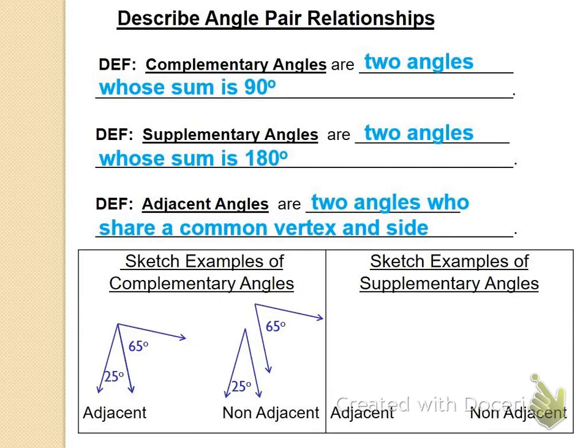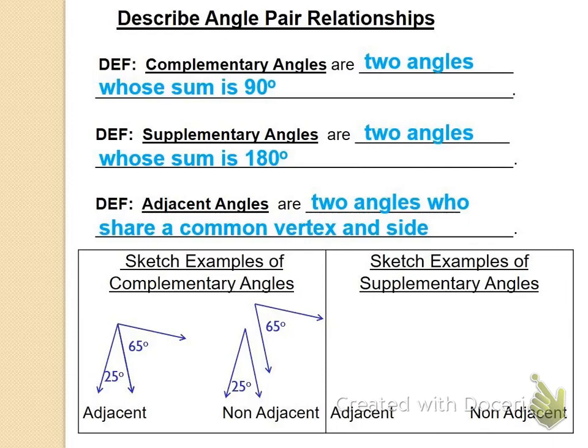For example, here's complementary angles, a set that are adjacent and a set that are not, right? So adjacent are these two angles right here, and these two angles definitely share this vertex, and they definitely share this side. So that makes them adjacent, okay?